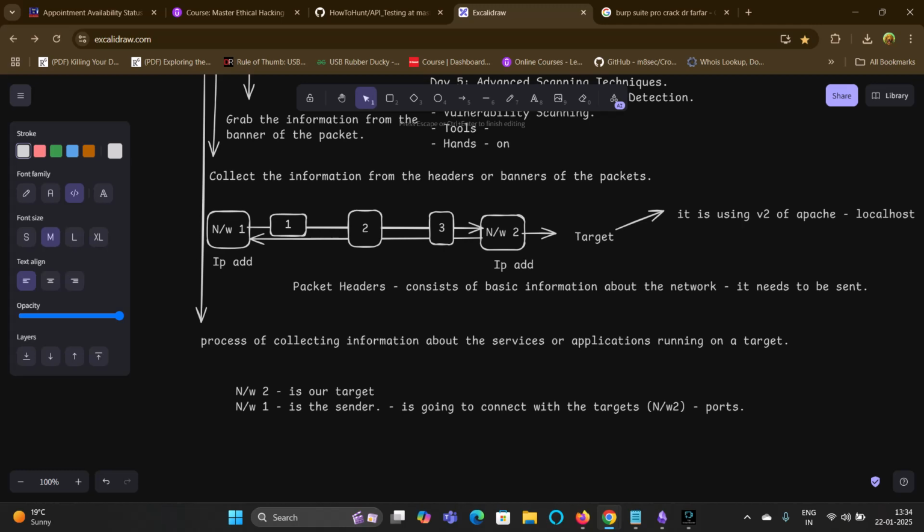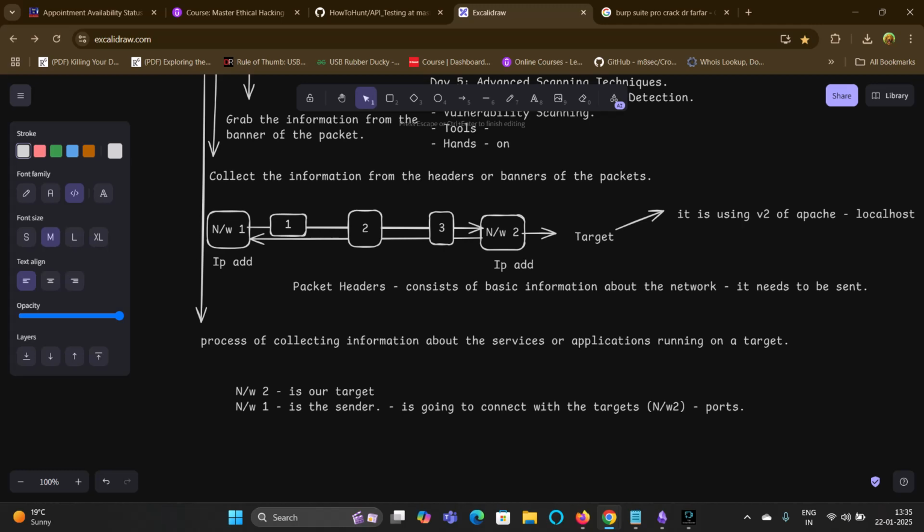Okay, I hope it is clear to you guys and you have understood what I meant to say. It is going to read the information regarding the target by connecting to its ports. We are going to connect to its port, and then we are going to grab the information that is coming through the network. That is what banner grabbing is.